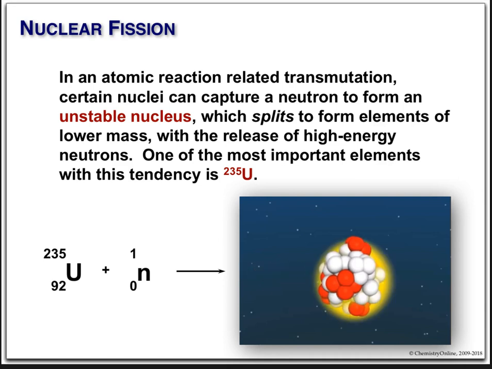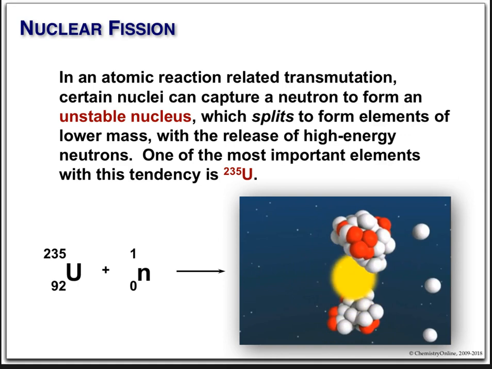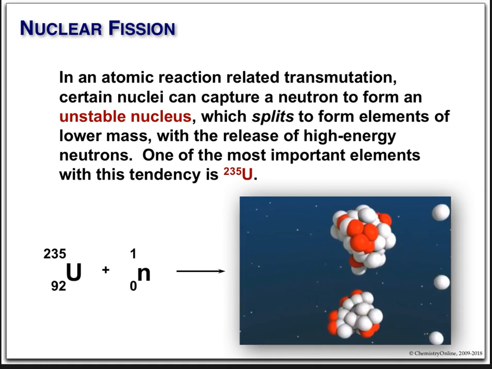Sailing in, lands, and kaboom, it opens up. Now, lots of energy is released, like I said. Also, 3 neutrons are released. These are high energy neutrons because they were just blown out of this nucleus.